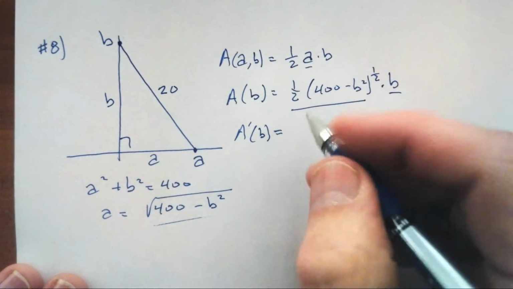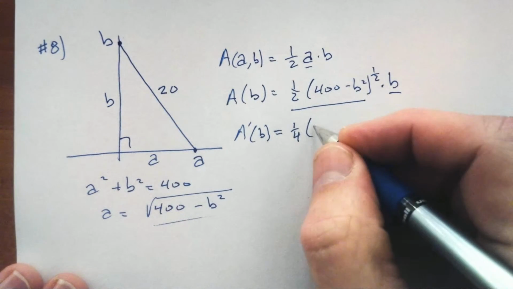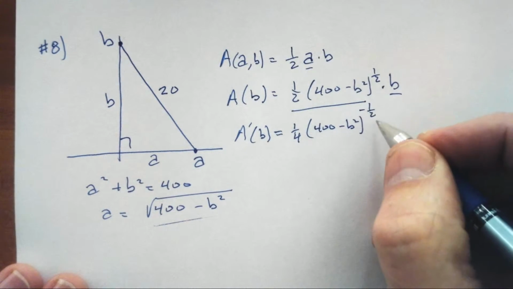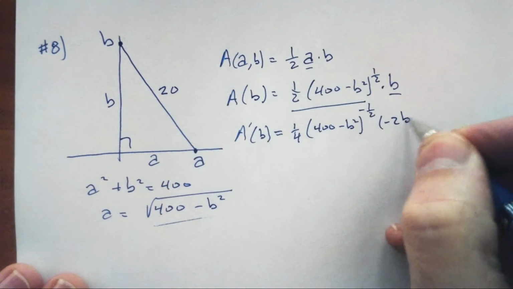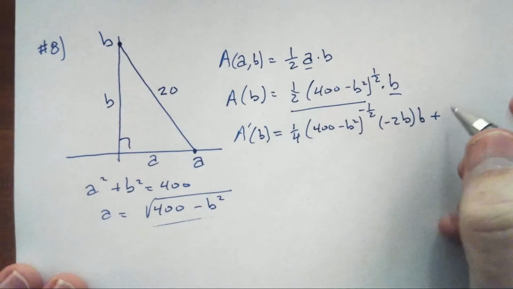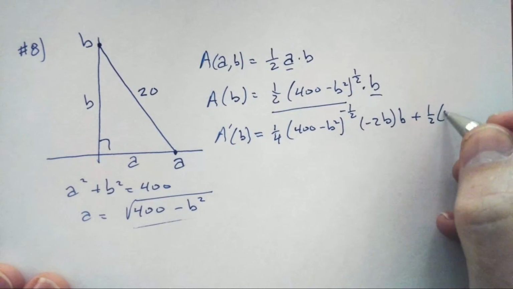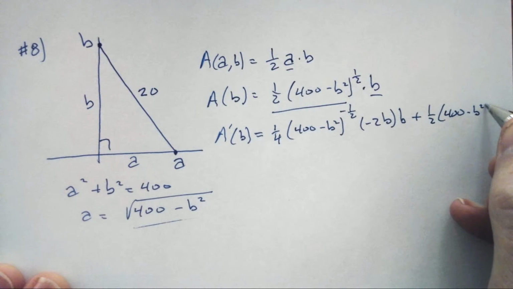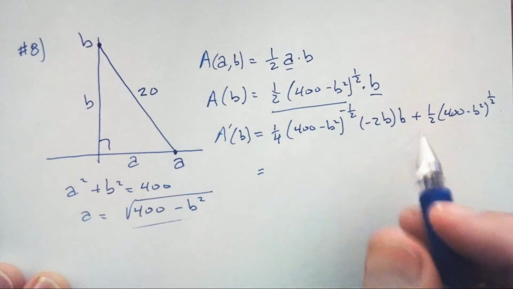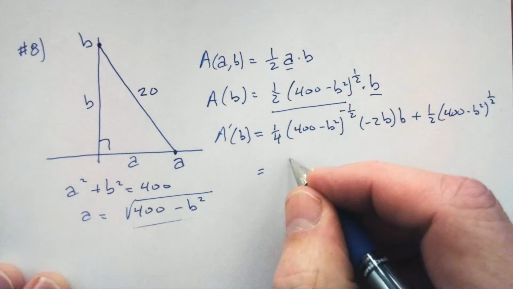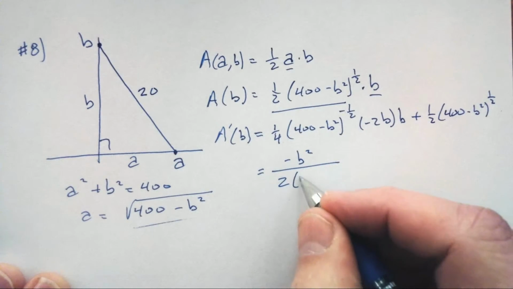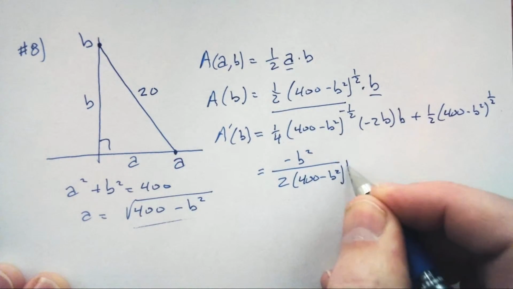Product rule: derivative of the first is a mess, 1/4 times (400 minus b squared) to the negative 1/2 times the inside derivative, negative 2b, times the just plain second, b, plus the just plain first, 1/2 times (400 minus b squared) to the 1/2 times the derivative of the second, which is 1. And we end up with negative 2b squared on 4, or negative b squared on 2, with (400 minus b squared) to the positive 1/2 in the denominator.